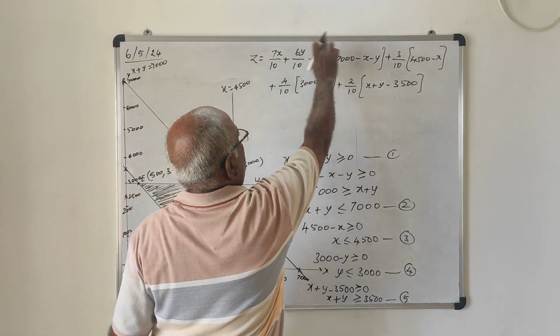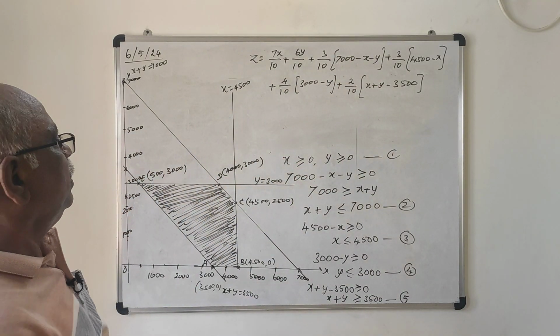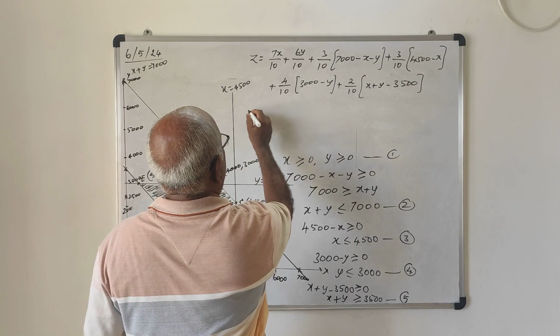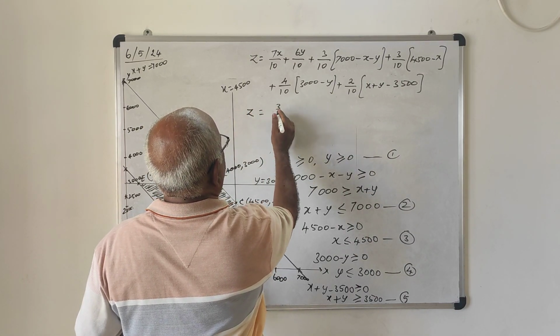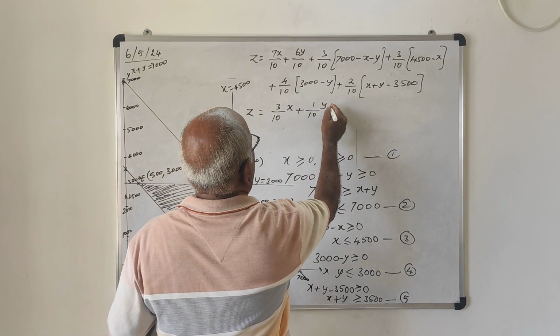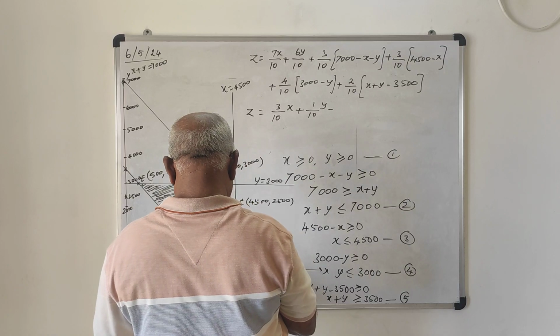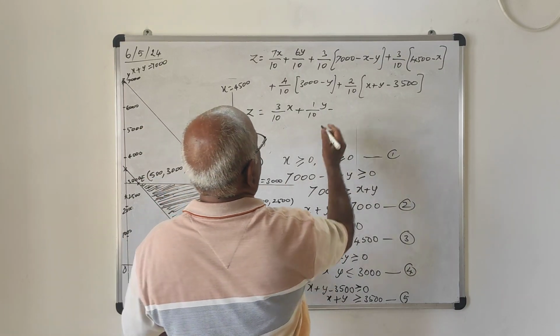Using these constraints, we have found the equation. On simplifying, you will get Z equal to 3 by 10x plus 1 by 10y plus 3950.